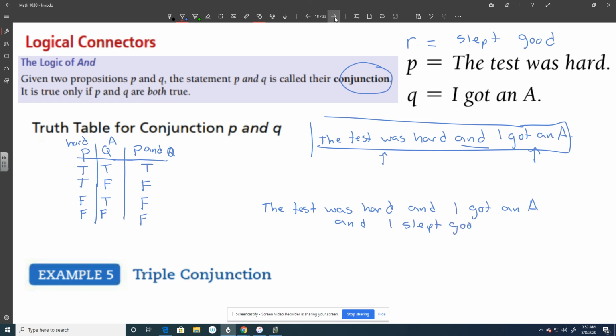So we've got three things involved here, three propositions. So the first one, P, and then we have Q, and then we also have R this time. So our truth table might get a little bit more complicated.